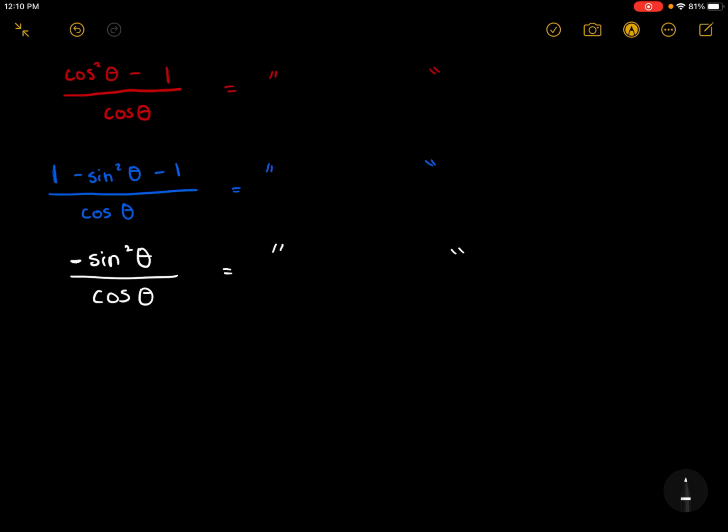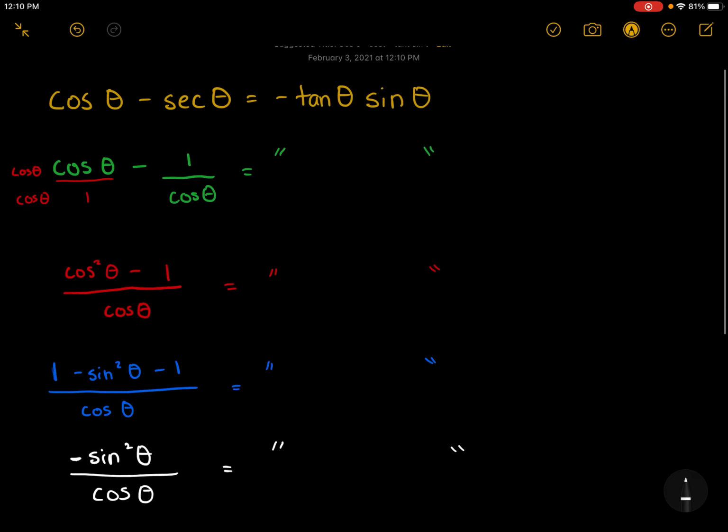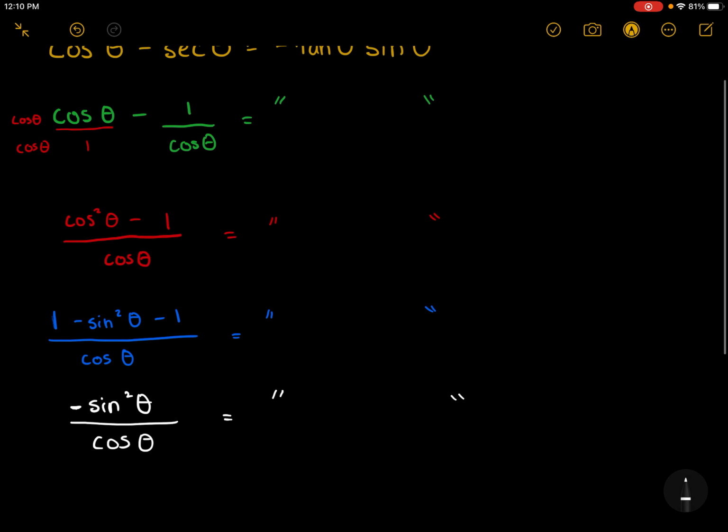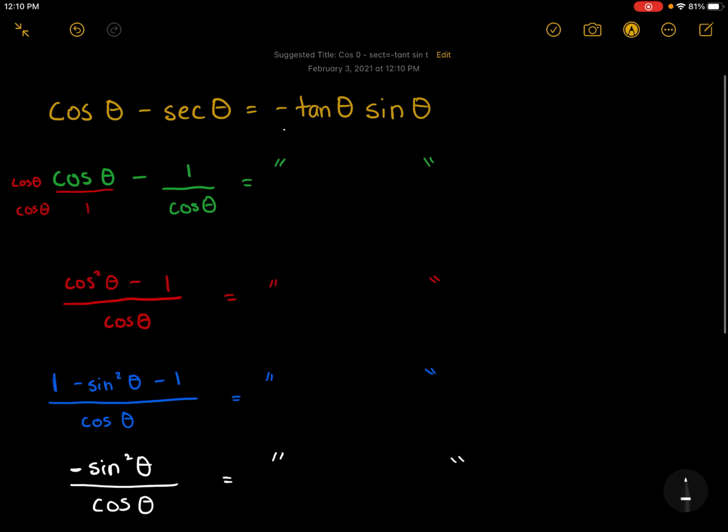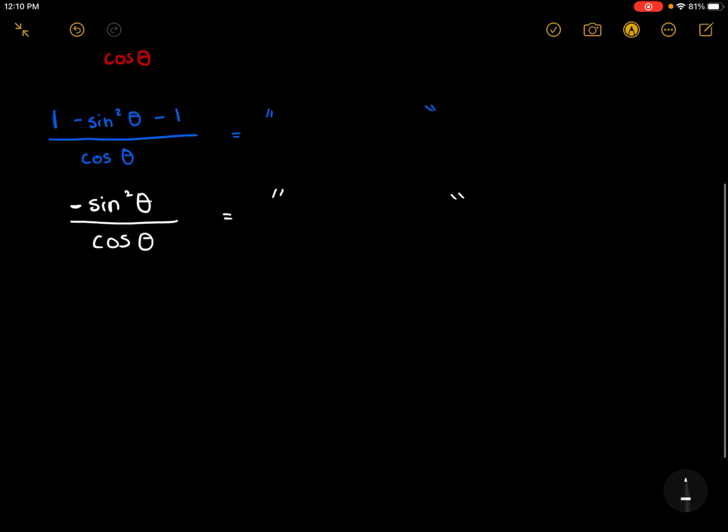So anytime something is squared, it is basically multiplied by itself. Now, the reason we know to do this is we have two terms that we need to get on the right side. Down here, we only have one term. So how do we create two terms? Well, what we're going to do is just say negative sine squared is negative sine theta times sine theta, and that's divided by cosine theta.